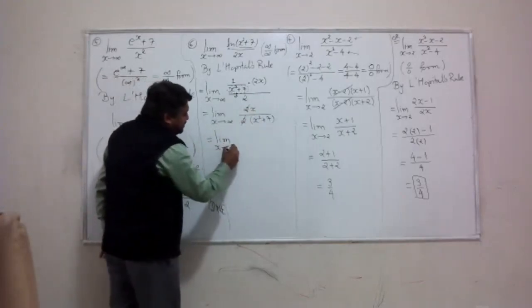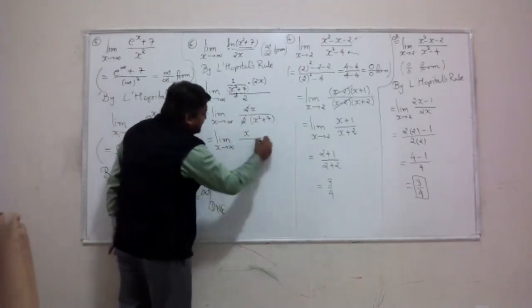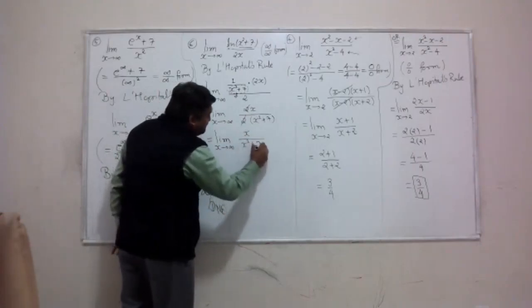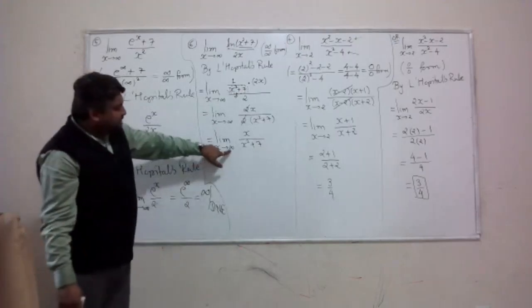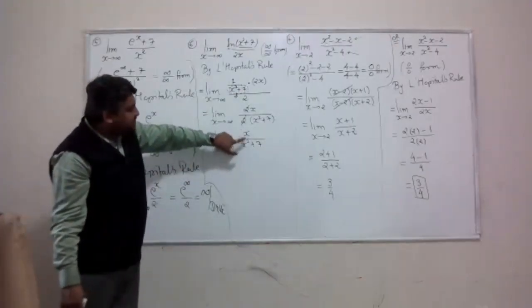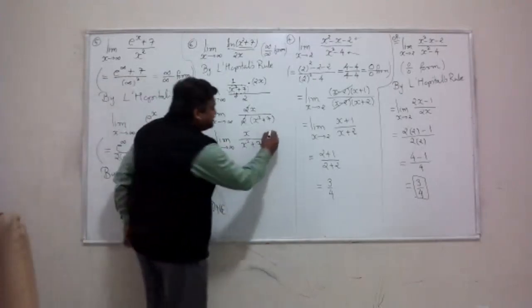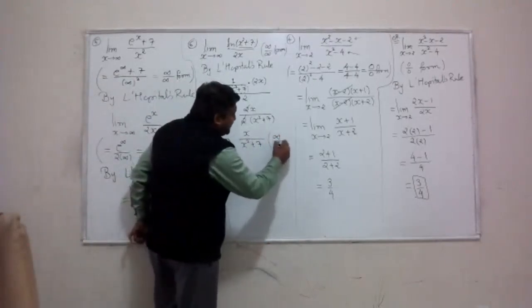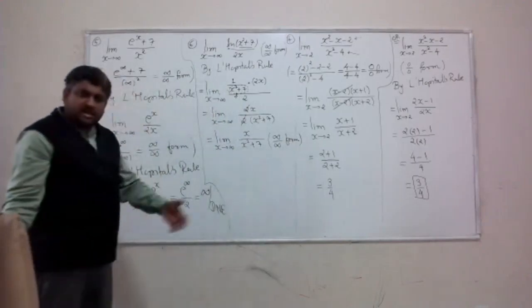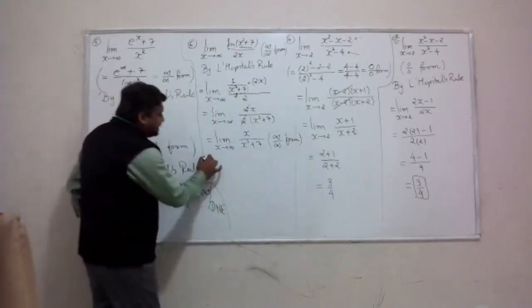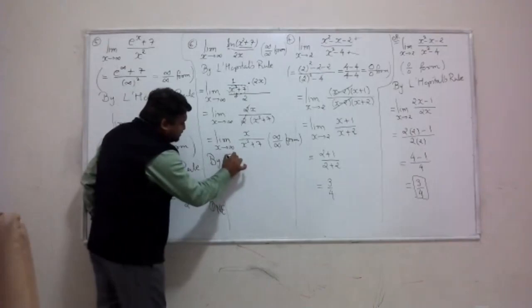Looks like we need to know the behavior of this function when x approaches infinity. If you replace x by infinity, you get infinity in the top, infinity in the bottom. So this is still infinity over infinity form. Meaning I can use L'Hopital's rule one more time. Let's use it.